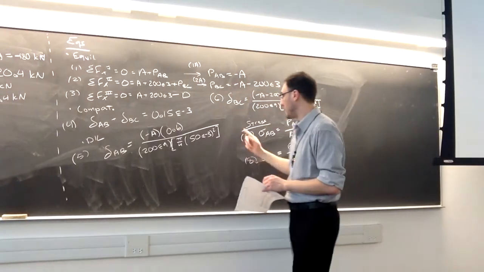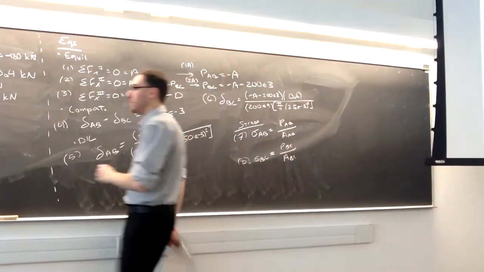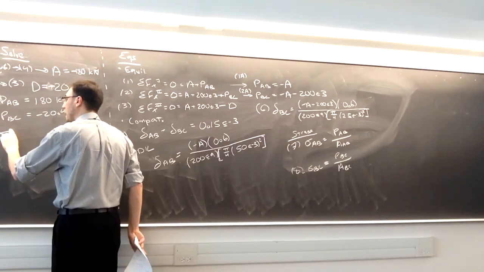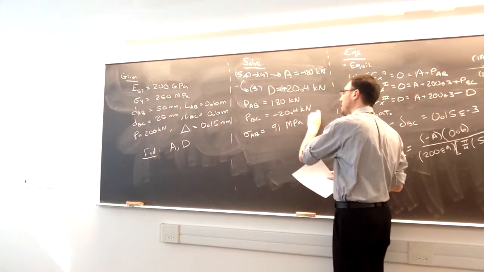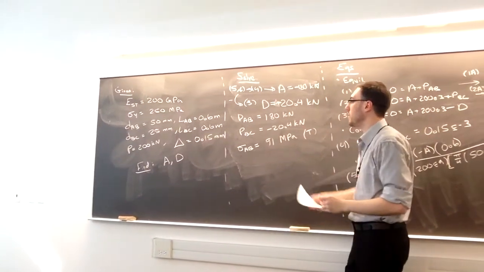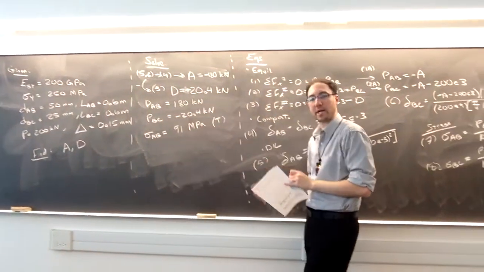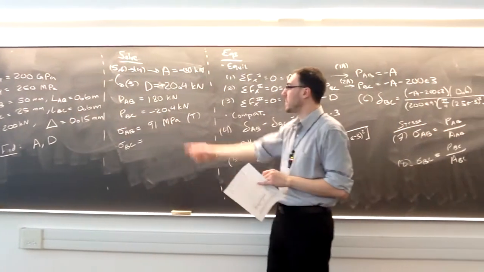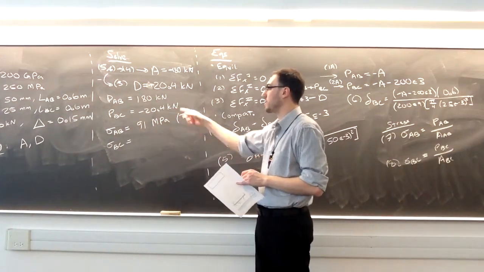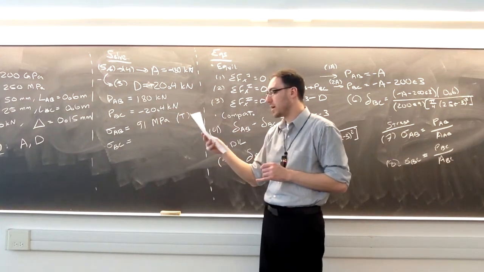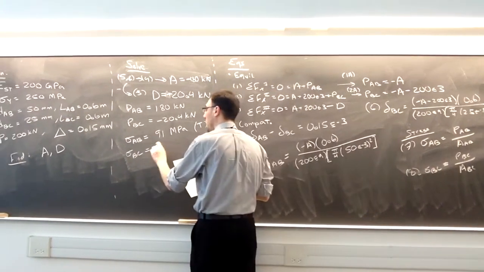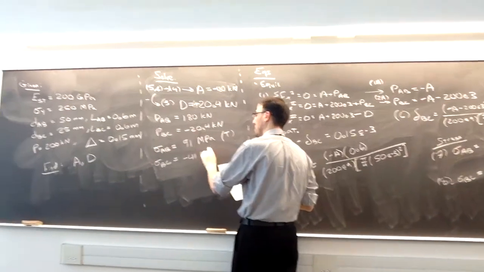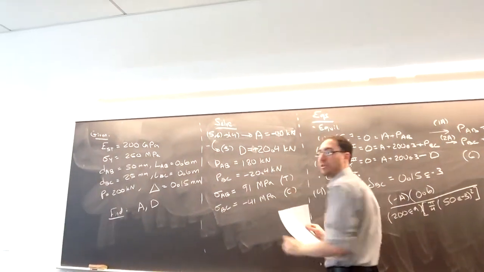Now, using 7 and 8, we can find the stresses in those two. The stress in AB is 91 megapascals in tension, the 180 divided by its cross-sectional area. For BC, negative 20.4 kilonewtons divided by its cross-sectional area, the stress is negative 41 megapascals, and that's in compression.